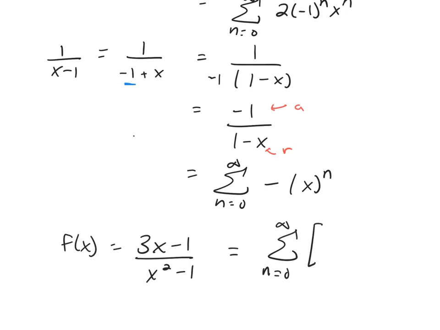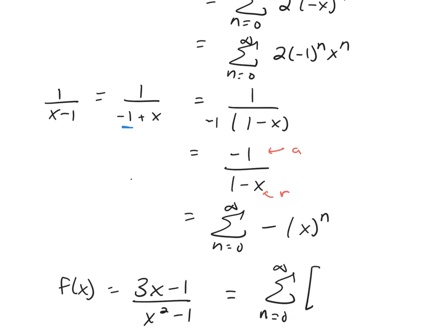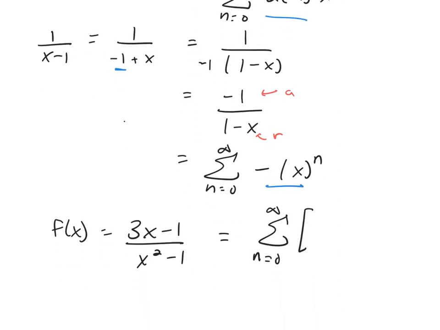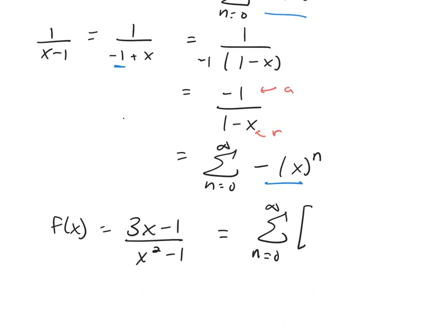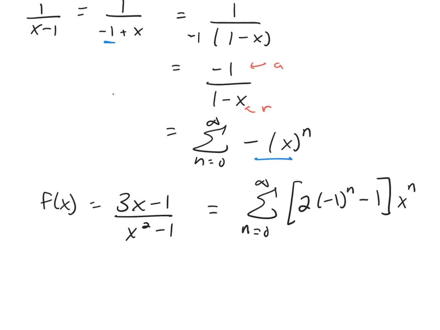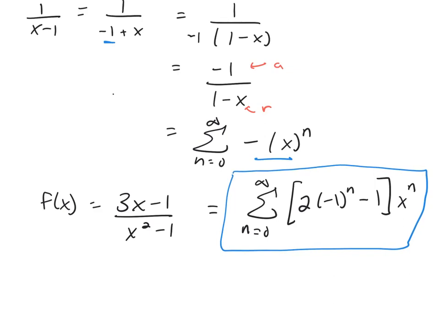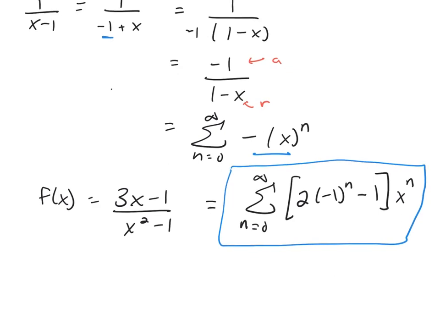They both have an x to the n that I'm going to factor out. So it'll be the sum of (2 times (negative 1) to the n, minus 1) times x to the n. And this would be my power series representation for the function f of x.